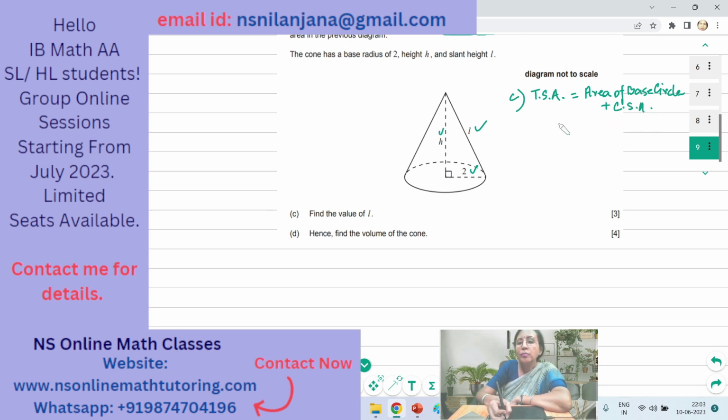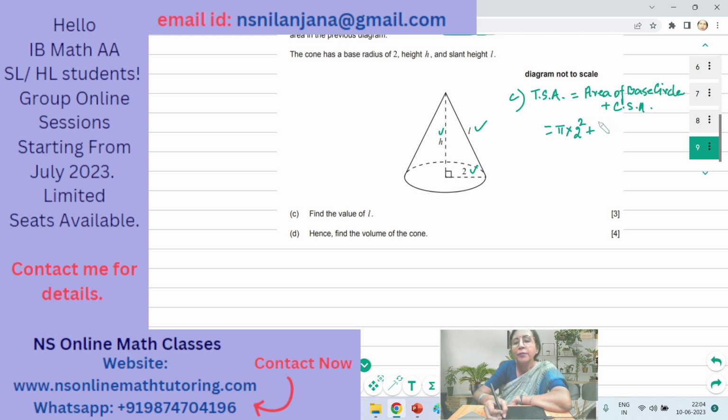Okay? So the area of the base circle is pi r squared and r is equal to 2. So it is pi times 2 squared, and curved surface area is pi r L.